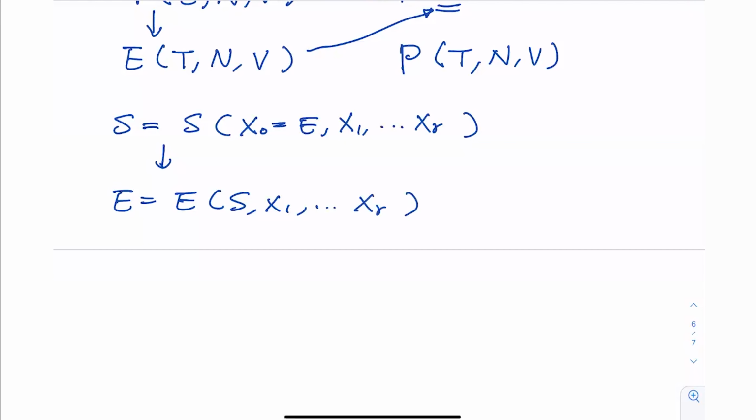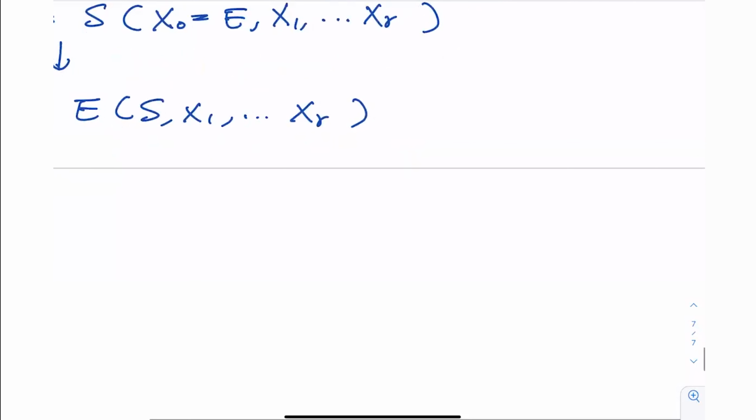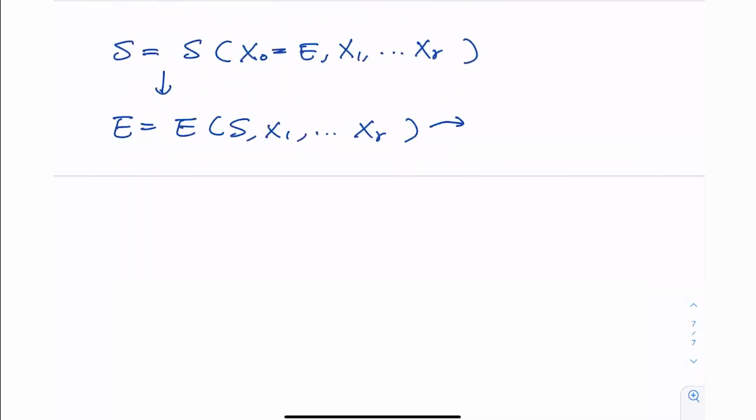To some extent this is just a change of description, but it got a name, because energy is something that we are more familiar and comfortable with. So this type of description is also called the energy scheme of the fundamental equation.